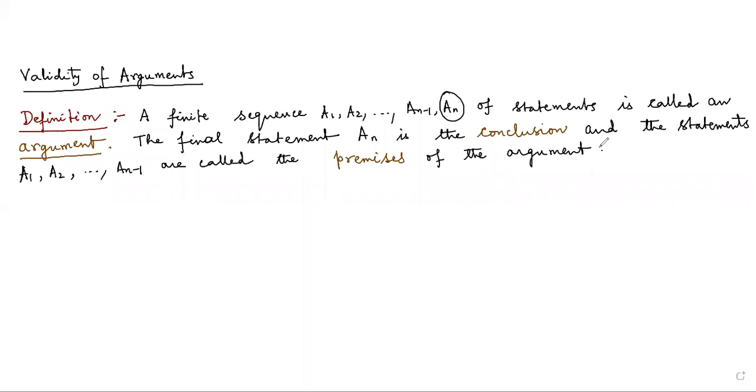The final statement is the last statement. If you make 10 statements, then the 10th statement will be called your conclusion, and the first 9 statements will be called the premises, which lead you to conclude the 10th statement. As a whole, from 1 to 10, this sequence will be known as an argument.